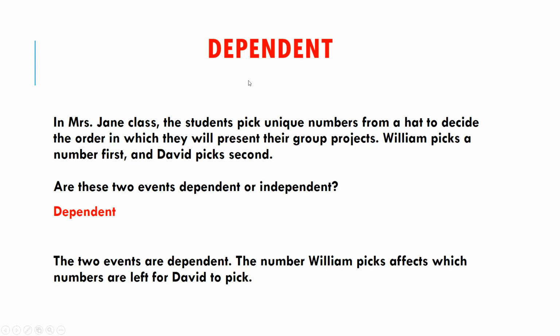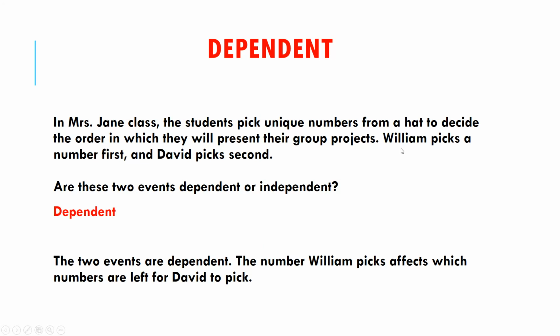Another example of a dependent event. In Mrs. Jane's class, the students pick unique numbers from a hat to decide the order in which they will present their group projects. William picks a number first and David picks second. Suppose there are 5 numbers and William picks 2, and then David picks 5.